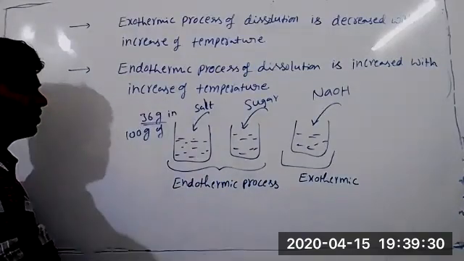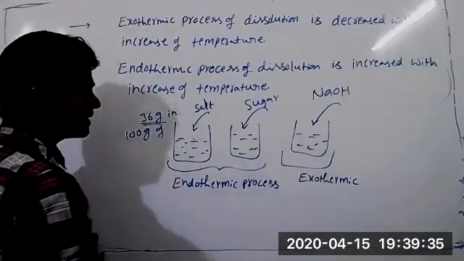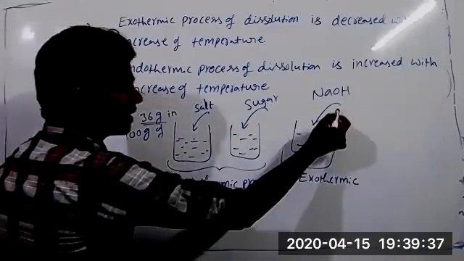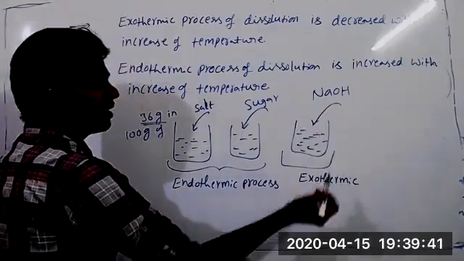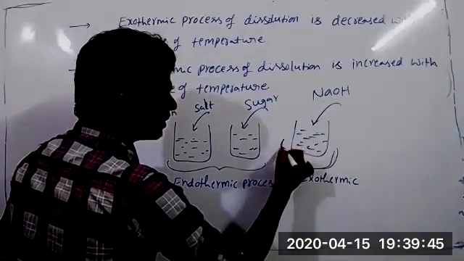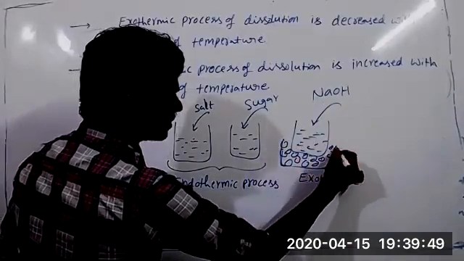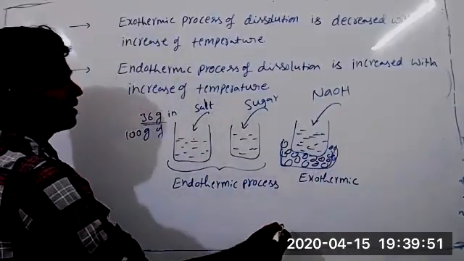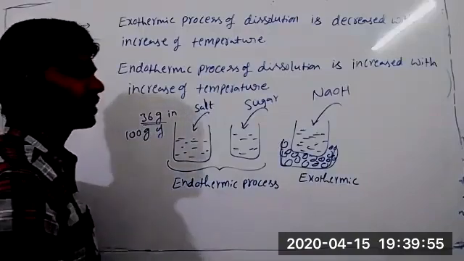Even sugar, by increasing temperature, more sugar we can dissolve. But for NaOH, by increasing temperature, solubility in water decreases. That's why dissolving NaOH in water is carried out in an ice bath. It is an exothermic process, so by decreasing temperature, we can dissolve more NaOH in water.